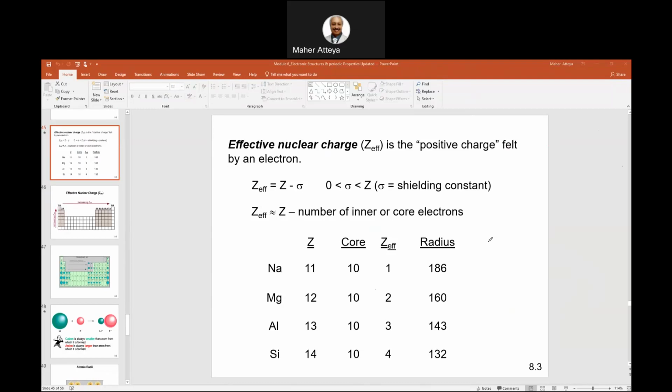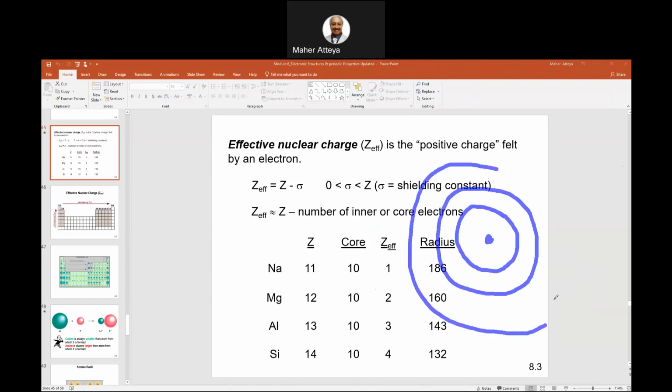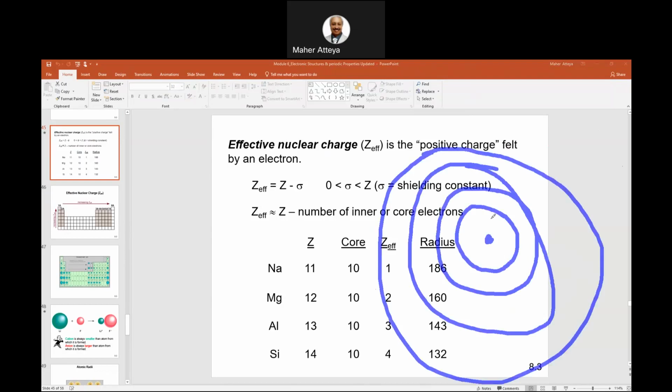This is the nucleus, correct? But at least you get the idea. Now, the orbitals close to the nucleus, maybe n=1 and maybe n=2, those are shielding.